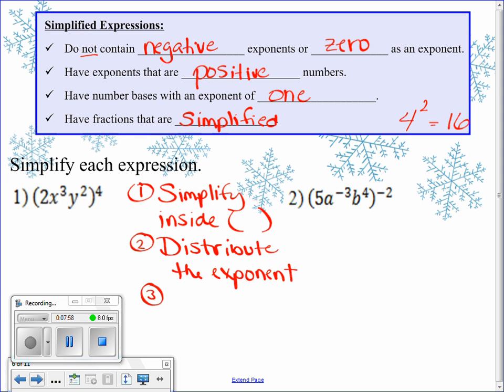After you distribute, you want to combine like terms. Meaning it's got a common base, you can actually put those together.